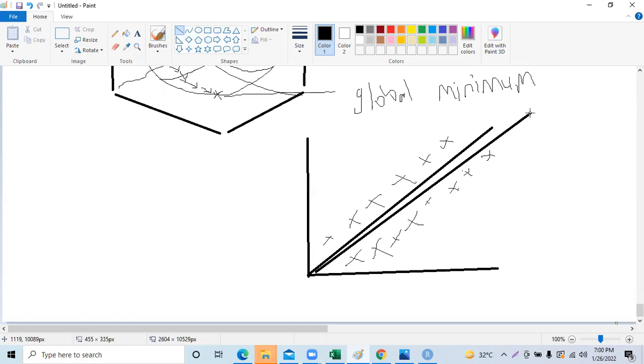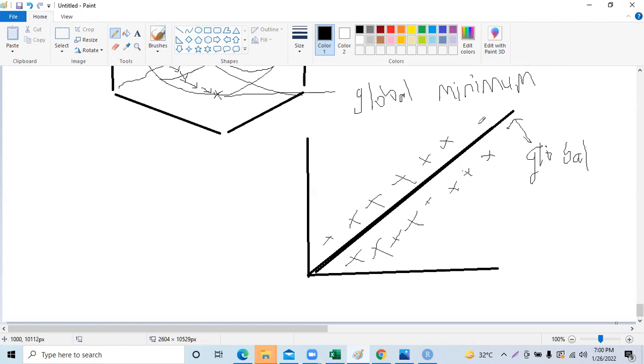And at the step where we get to our global minimum, then we have a perfect fit, right? So this fit is the point where we had the global minimum. So this is where our global minimum is.